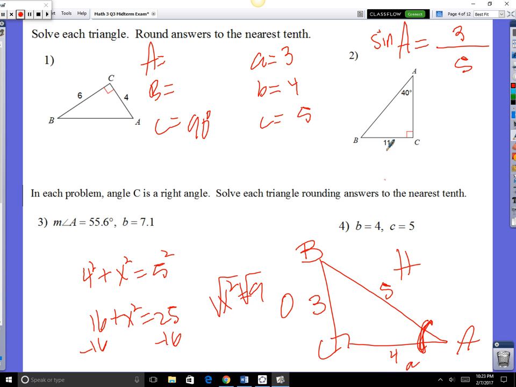Okay, now these ones are actually faster and nicer. You've got to solve for A. You've got to ditch the sine. So you've got to inverse it, and you've got to inverse this side. So if you do inverse sine of 3/5, that will give you the angle A. So angle A is what we just found, and it is 36.9 degrees.